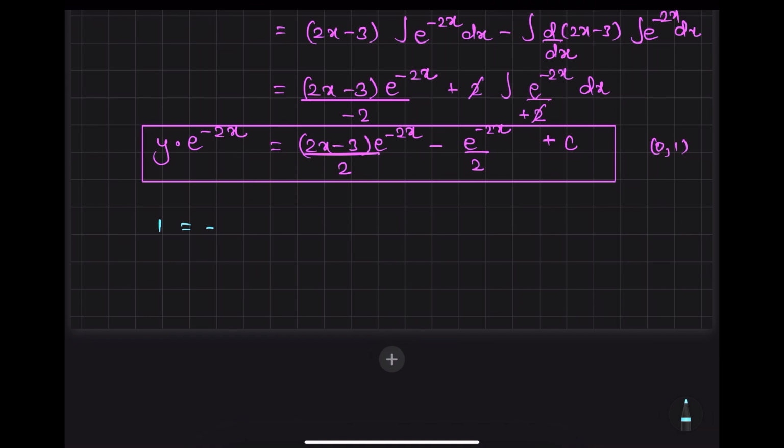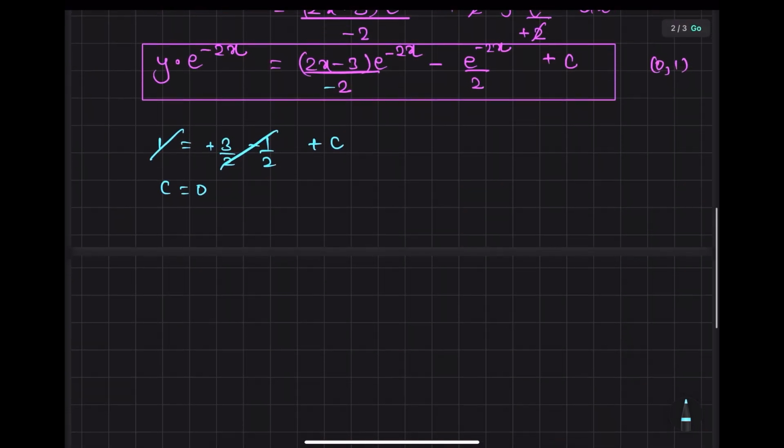Okay, wait, we missed an extra minus. So it is 3 by 2 and then we have minus 1 by 2, plus c. Now if you solve it, it is 2 by 2, so the value of c becomes 0, correct?